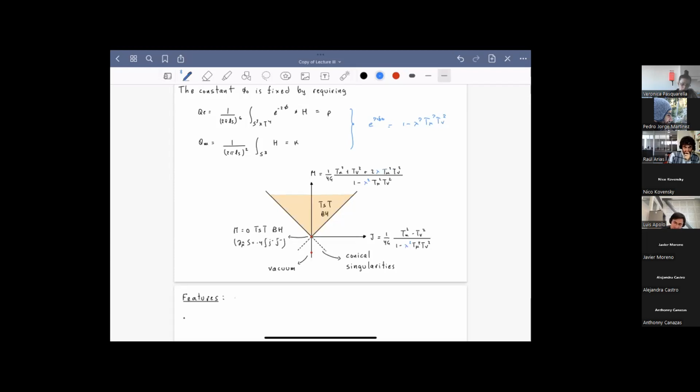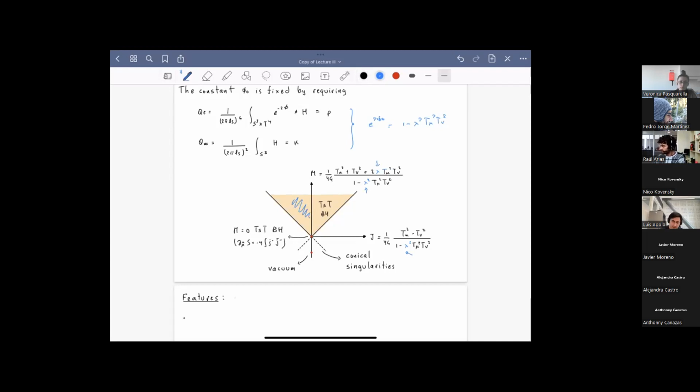The mass of these spacetimes takes the following form. This is the gravitational charge associated with this spacetime, where you can see the effect of the deformation here and here. Similarly, the angular momentum is given in this way. All of the solutions that lie in this region here are these TsT black holes.